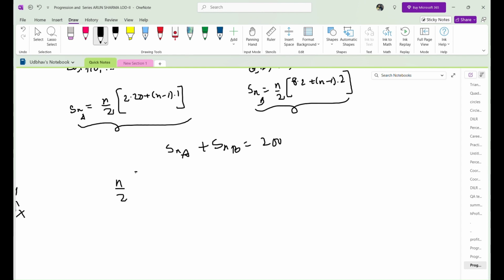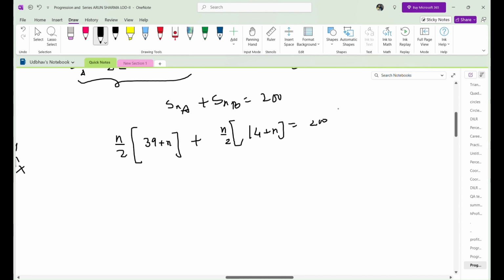n by 2 into 40 minus 1, 39, 39 plus n, plus n by 2 into 16 minus 2, 14, plus n, equals 200.